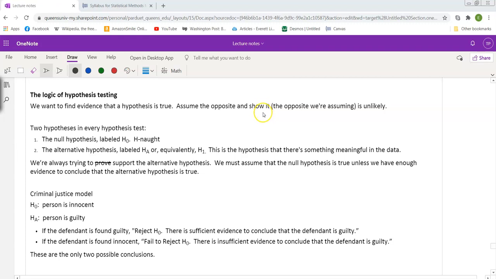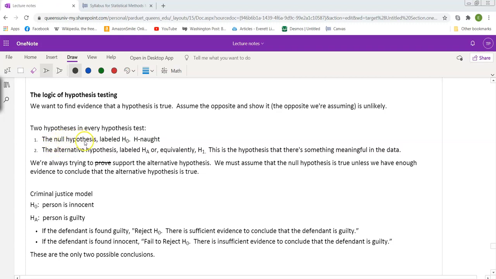Okay, and if this makes your head hurt, I think you're getting it. So again, we're going to assume that the thing we want to demonstrate is not true, and we're going to show that it not being true is unlikely. So yeah, this is a double negation. A double negative, I should say.